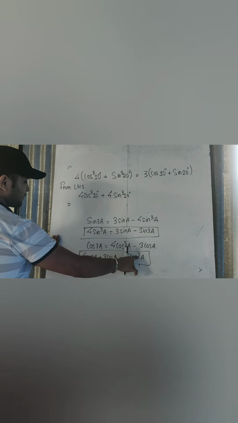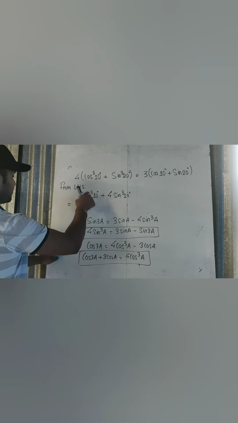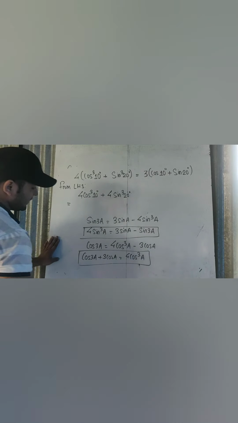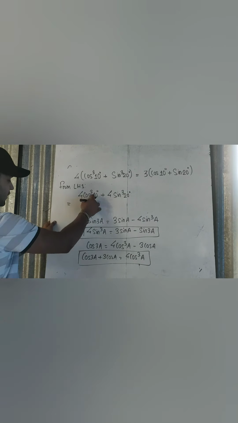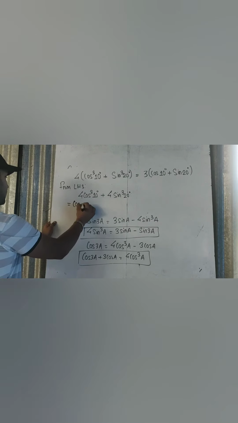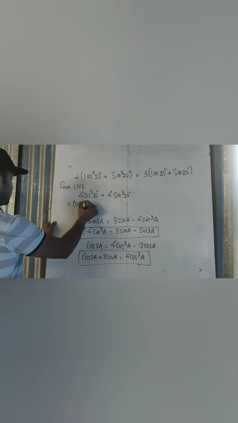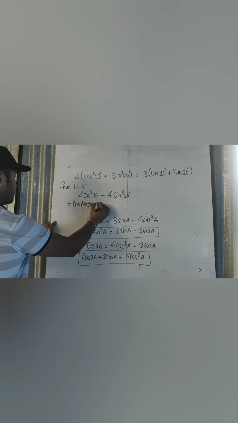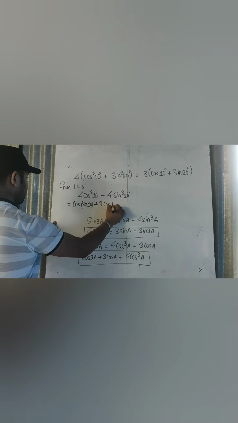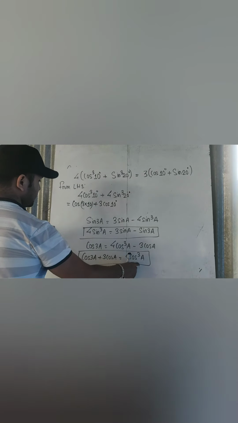Now let us use the same formula. 4 cos cube a, here is 4 cos cube 10. So cos 3a plus 3 cos a is the formula of 4 cos cube a. So 4 cos cube 10 is cos 3 into 10, cos 3a plus 3 cos a. So I use the formula of 4 cos cube a here.